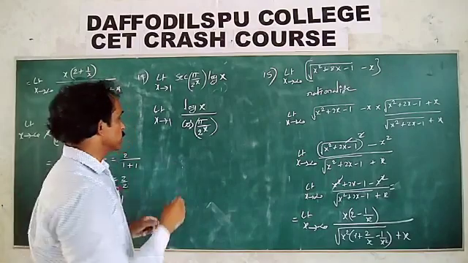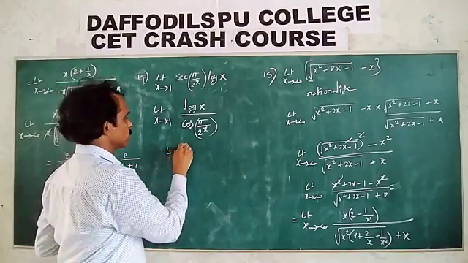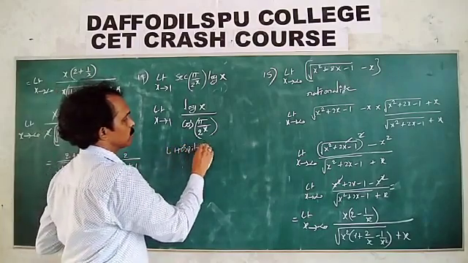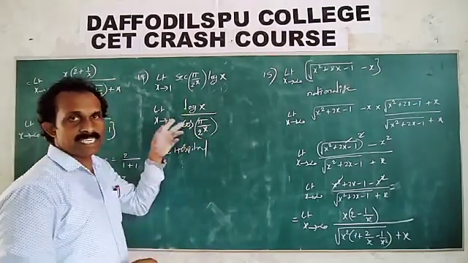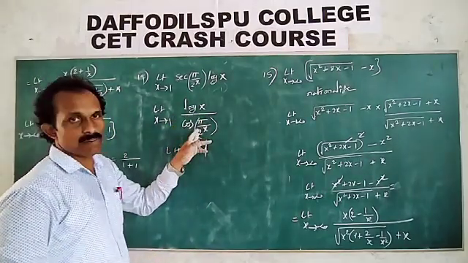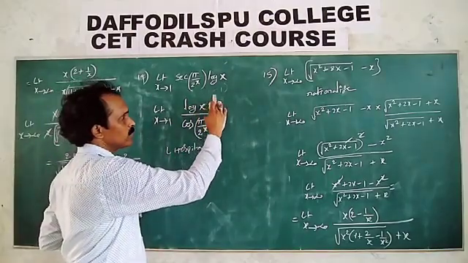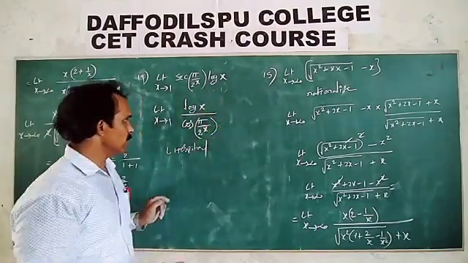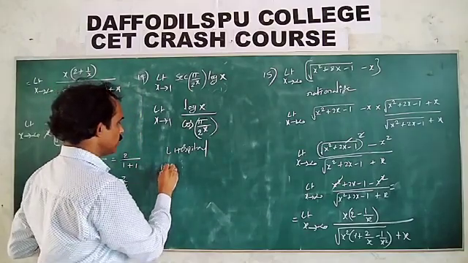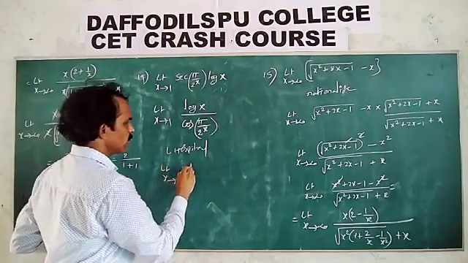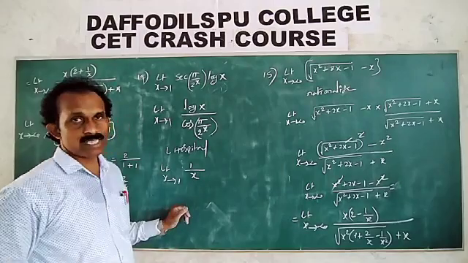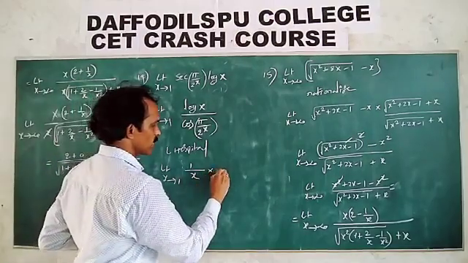Right. Apply L'Hospital's rule: f dash x by g dash x. This derivative by this derivative, not the u by v form. Numerator derivative, denominator derivative. Limit x tends to 1, log x derivative is 1 by x.